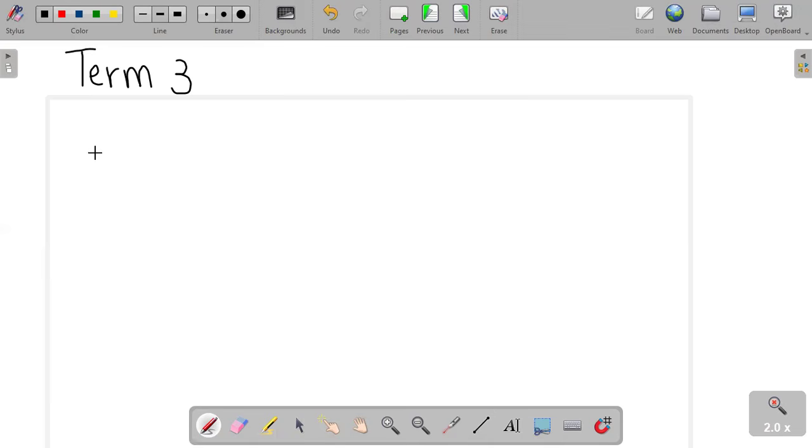So I want to outline the topics that we're going to cover for term 3. The first topic we're going to do for this term is forces.